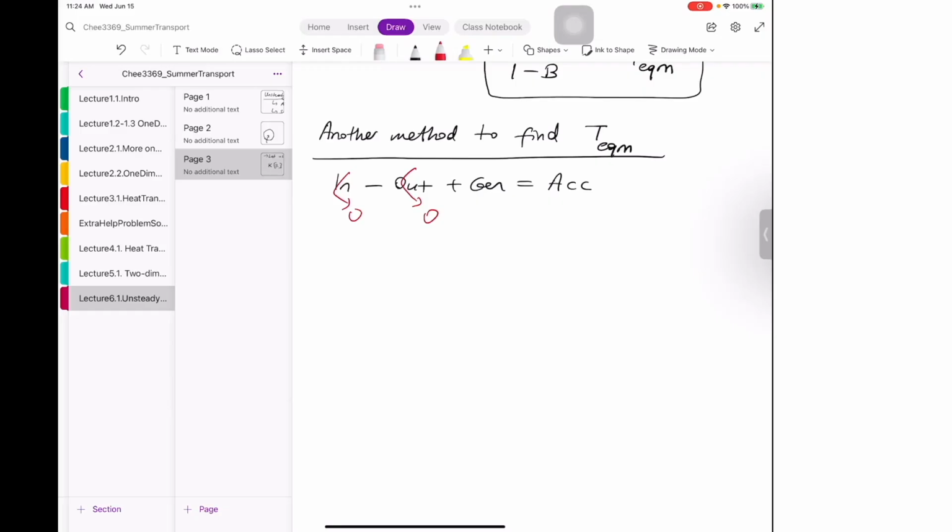And nothing is being generated. Now here's the following. Let's do this for any time, but let's choose our system.